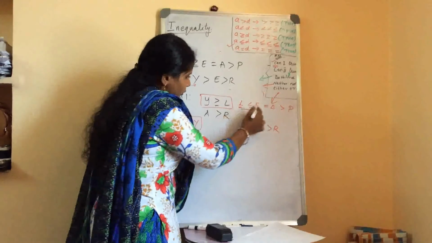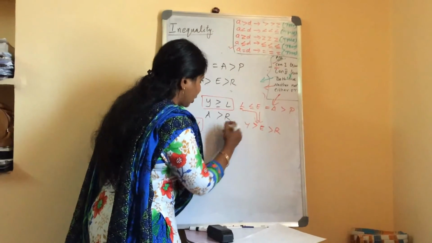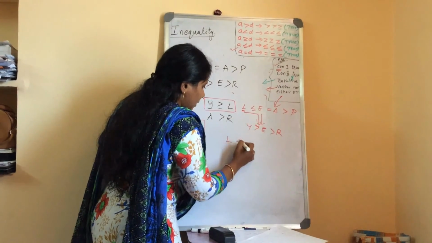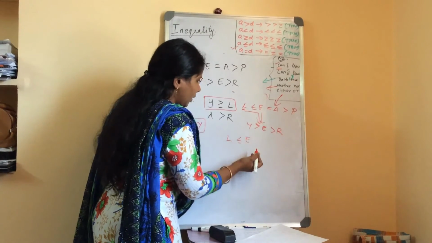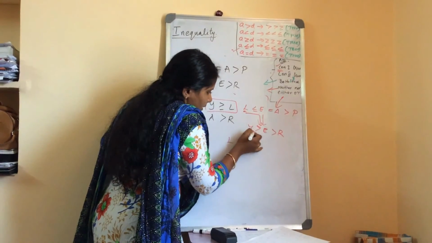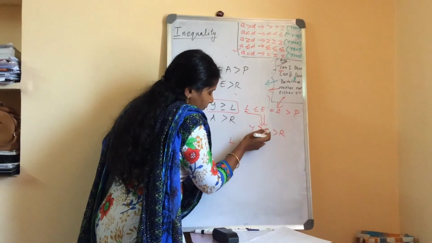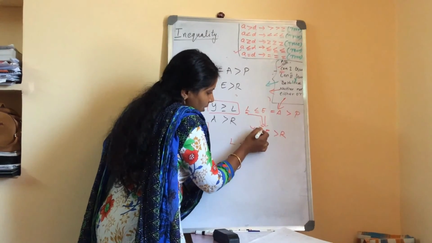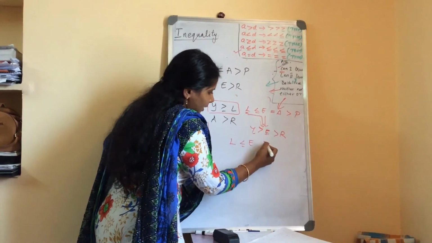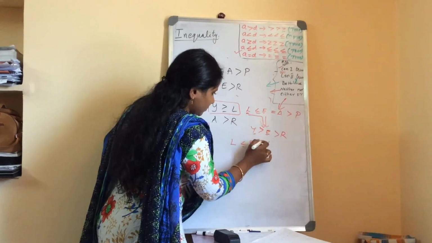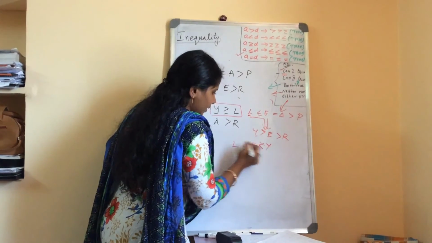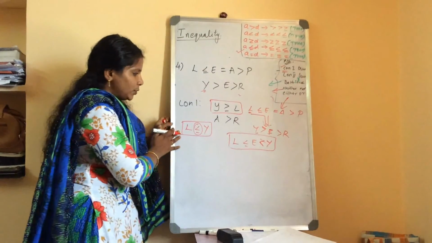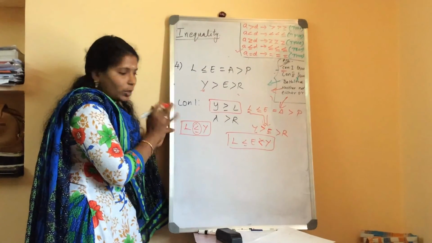Okay, let's go to the flow. I'm going to write how the flow will come. Statement: L less than or equal to E. Here E and Y letters are interchanged. Interchange means the symbol should also be interchanged. Okay, correct? This is our statement. For this statement, we are going to see whether that conclusion is true or false.